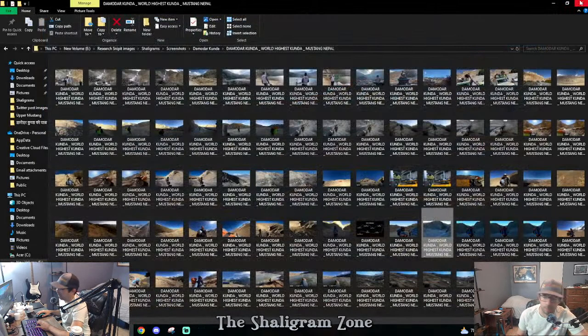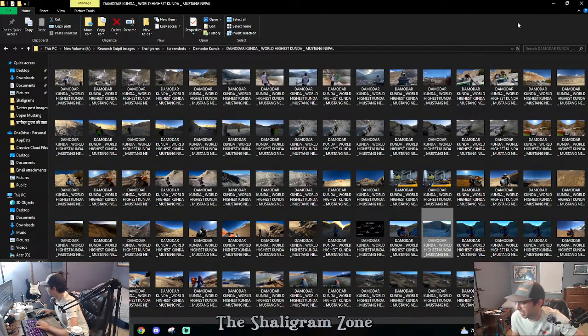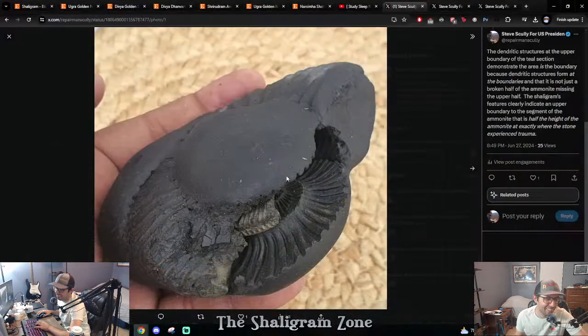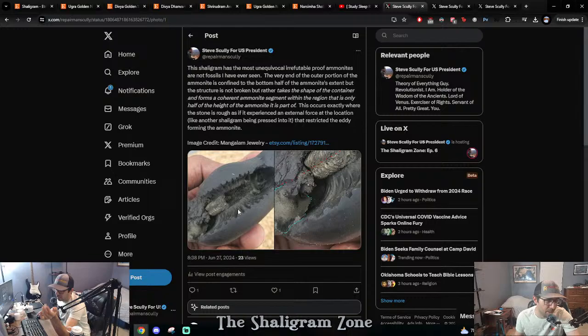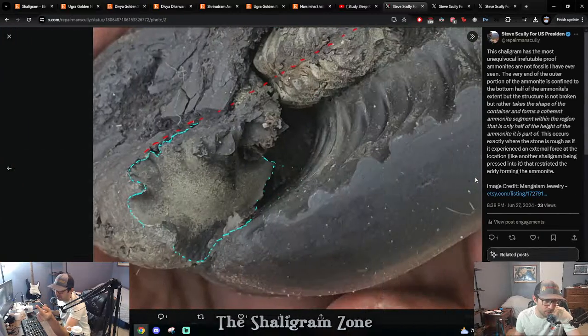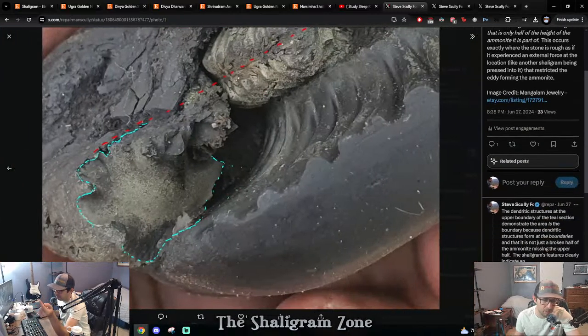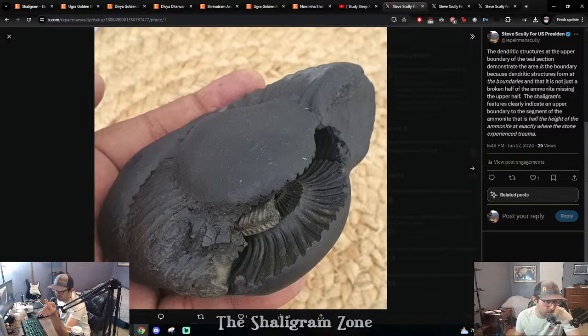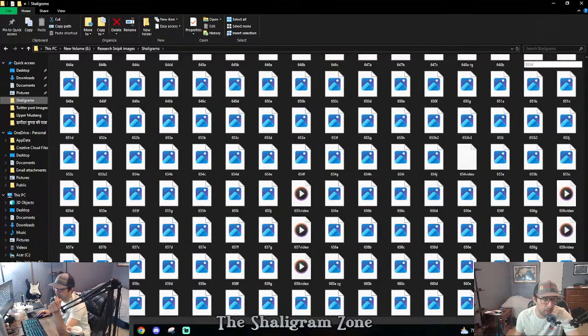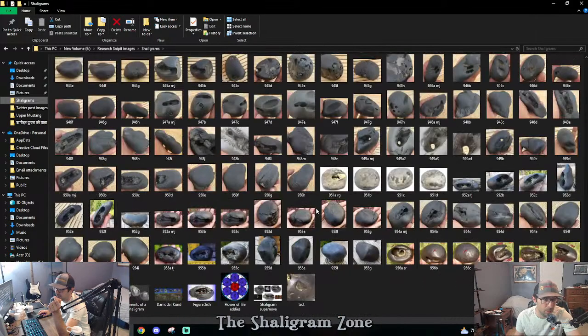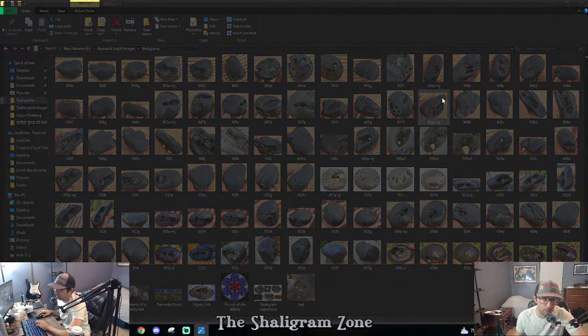Anyway, let's keep going, Shaligrams. So this one is incredible because it has damage to the rock here. I can open it. Oh, I took way more images here. Okay.